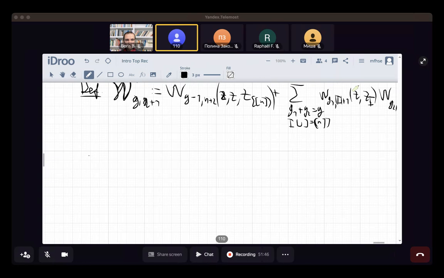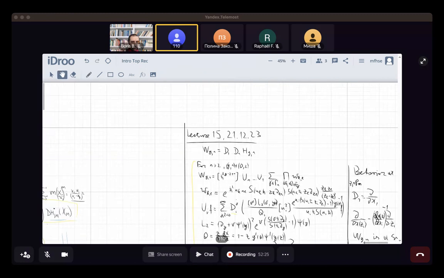Единственное, что да, я опять-таки немножко обманул, потому что, как вот здесь было написано, эта формула только для W_{g,n} при n больше либо равно 2, не считая случая (0,2). А для n равно 1 и отдельно (0,2) надо проверять отдельно. Для (0,2) надо просто проверить непосредственно, потому что в нашем случае кривая равна 0, это просто dz1 dz2 делить на (z1−z2) в квадрате, и это просто проверяется непосредственно.